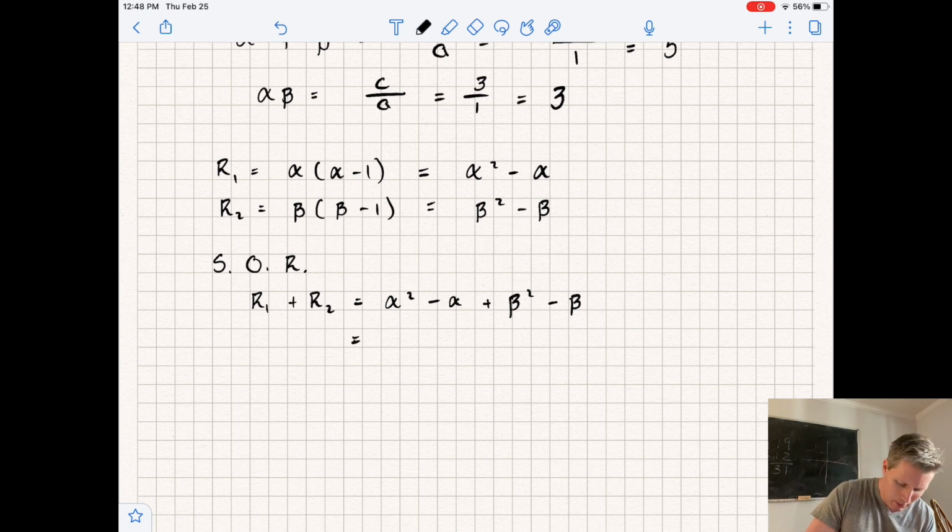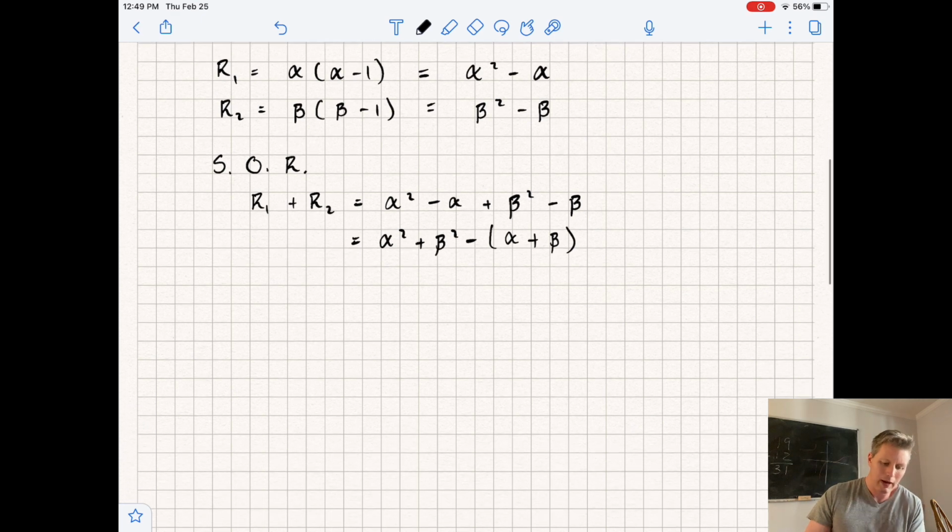So I can gather that up. I have alpha squared plus beta squared, minus alpha minus beta. What I'm going to do is factor out a minus sign from minus alpha and minus beta. So that will be minus parentheses alpha plus beta. And so I have alpha squared plus beta squared minus parentheses alpha plus beta.